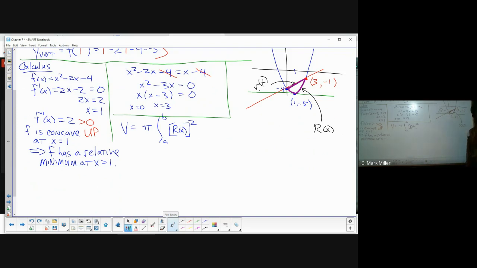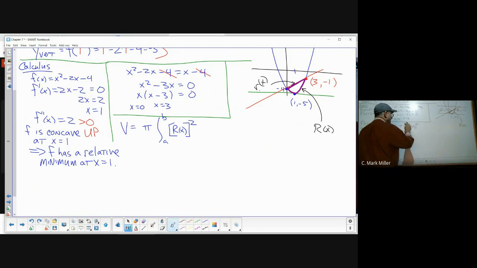Okay? Small r of x. I'm going to have to subtract off the small r of x that accounts for that space. So here's the difference in this technique with the washer method versus the disk method. That would be the disk method right there. I'm subtracting off that inside empty space.